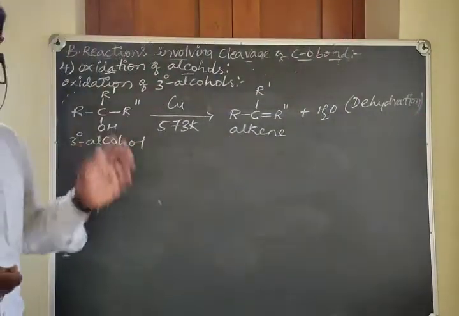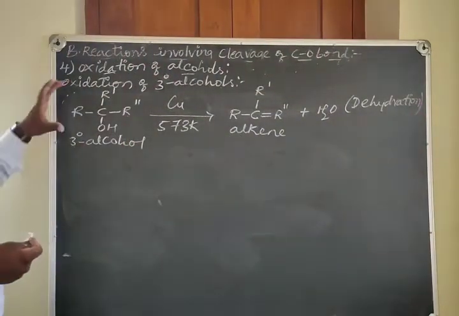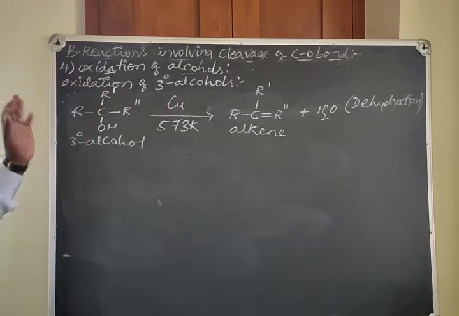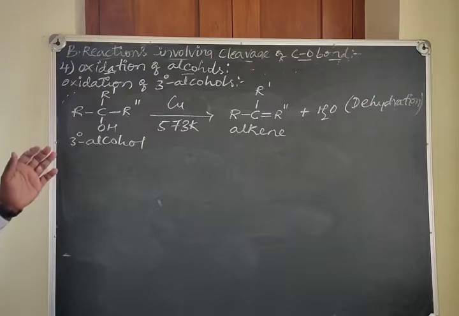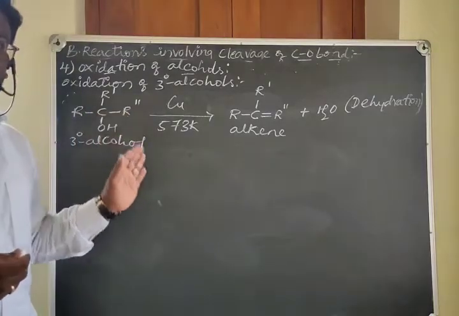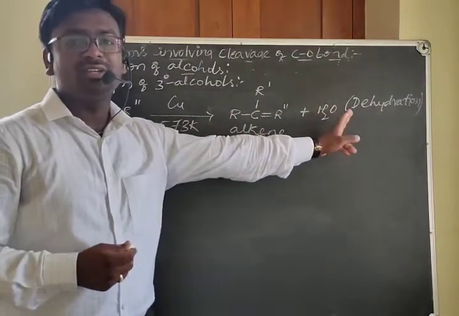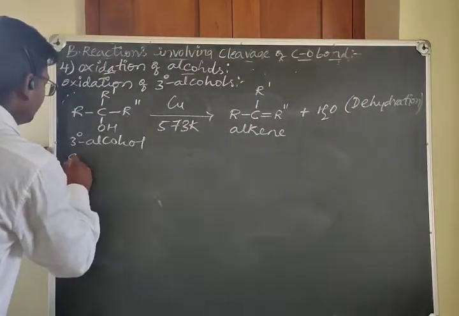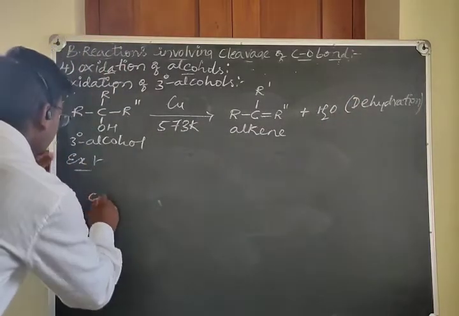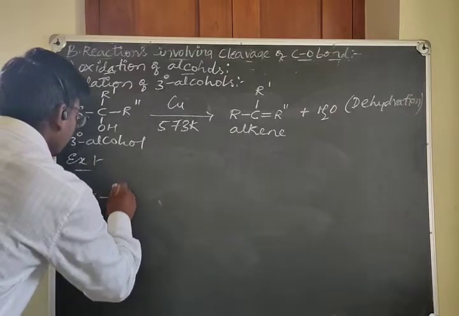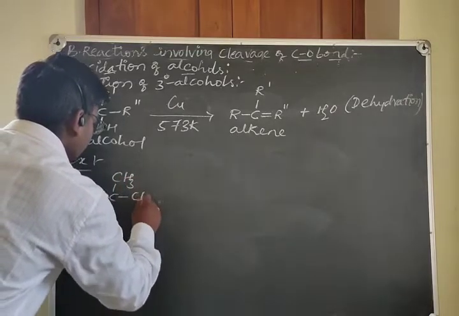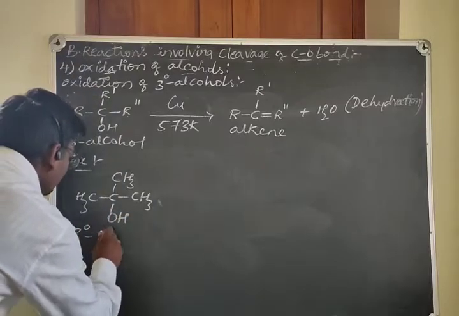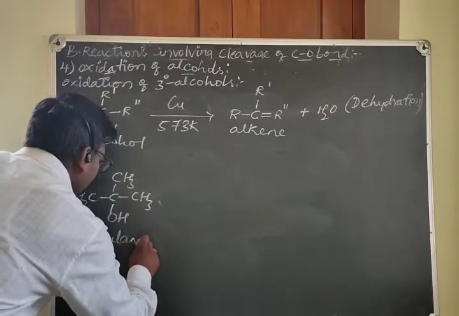Why is the dehydration reaction taking place in this tertiary alcohol? Because it is a bulky molecule. Here, rather than oxidation, the dehydration reaction predominates. For example, when you consider this CH3OH, this is tertiary butanol.